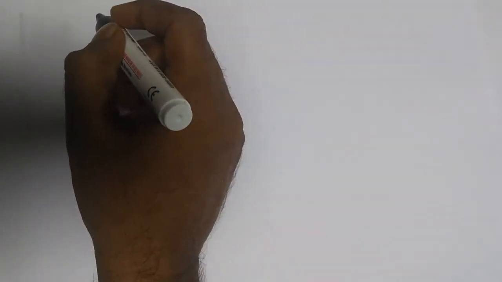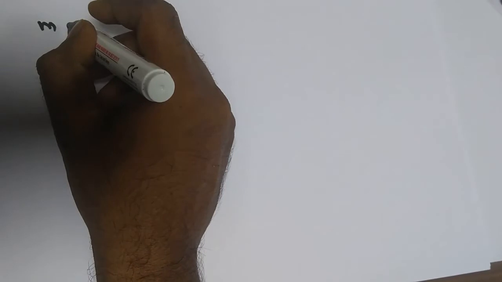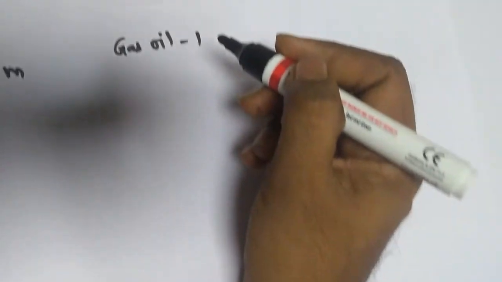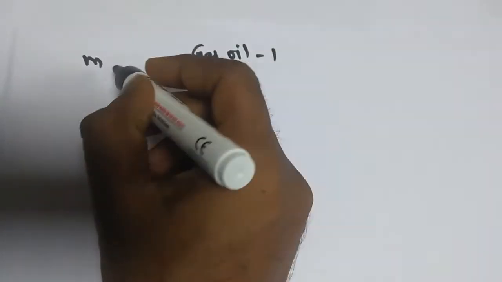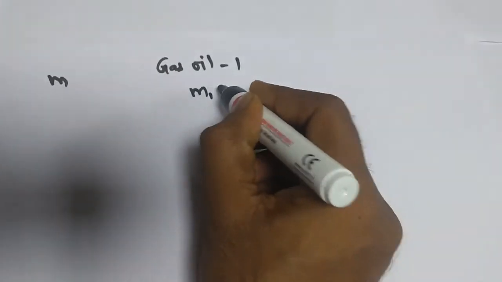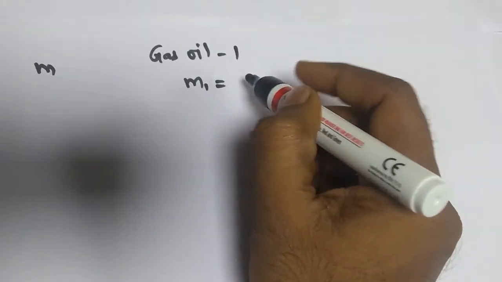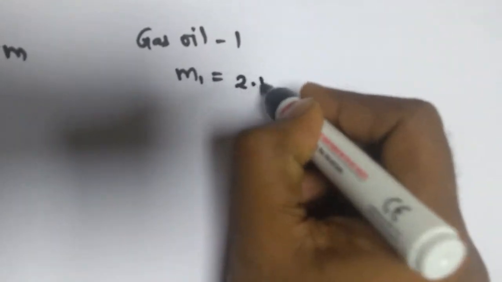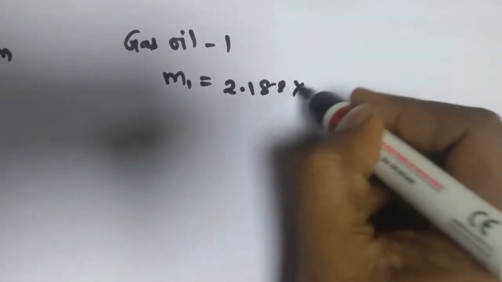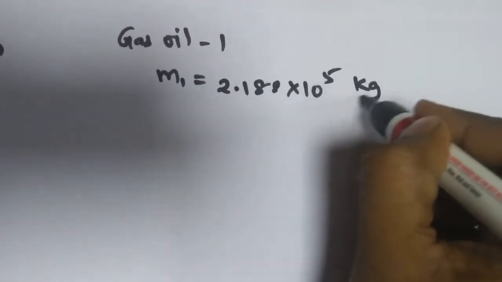So we have determined the mass of the gas oil. Let gas oil be 1. Then we have determined M1 to be 2.188 into 10 power 5 kg.